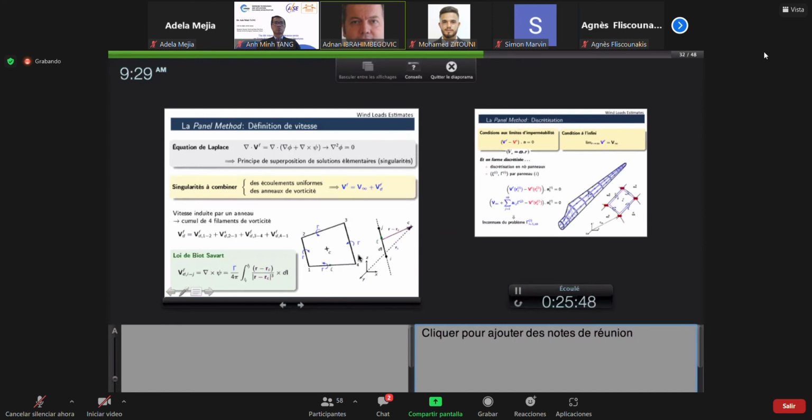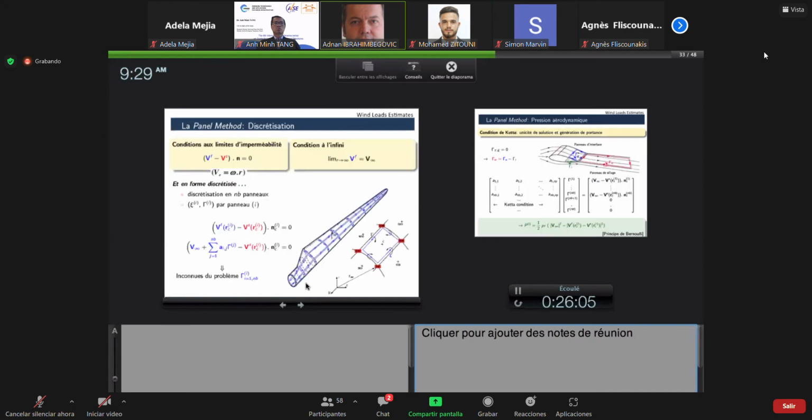In other words, we take the interface between solid and fluid, we divide it into panels, and then we say that the vorticity is computed as an integral over the edge of this particular panel using this Biot-Savart law. And then basically we can take the wind turbine and divide it in panels, typically, and you imply that fluid structure interaction would mean that the fluid velocity and solid velocity in the direction of the normal have to be the same.